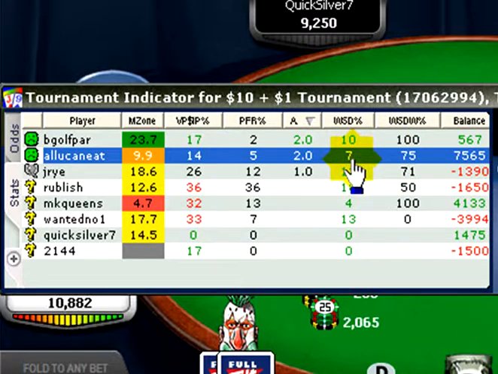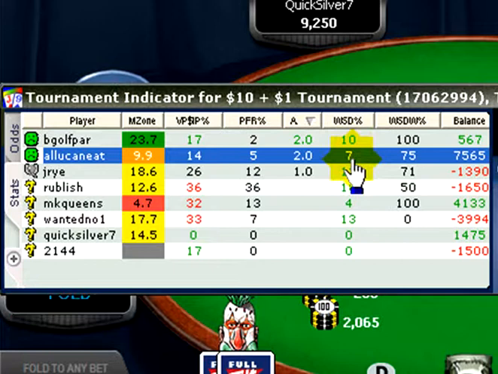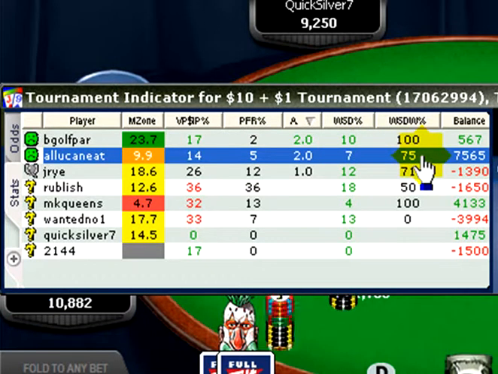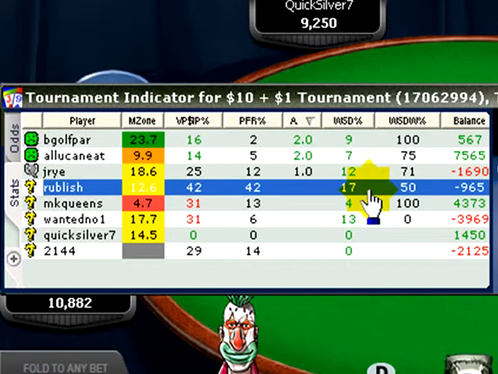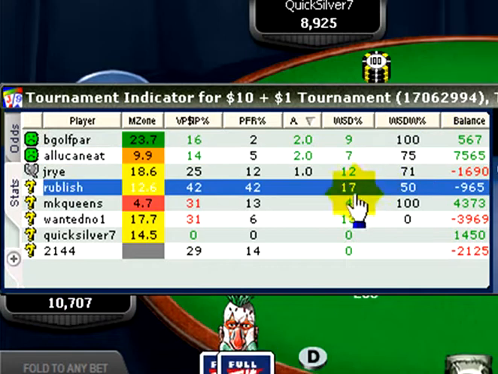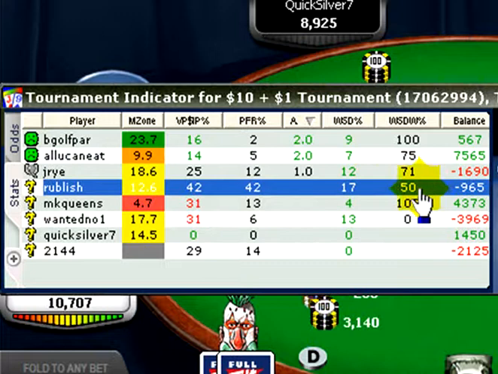This player here went to the showdown 7% of the time and won 75% of the time. As opposed to, let's say, this player who went to the showdown 17% of the time and only won 50%. Is involved in more marginal hands.